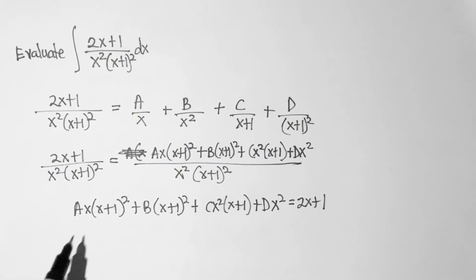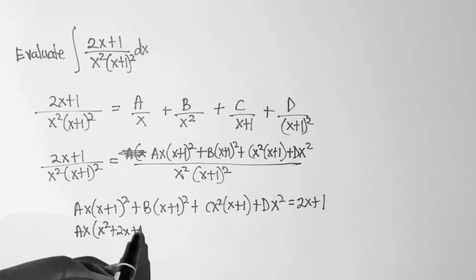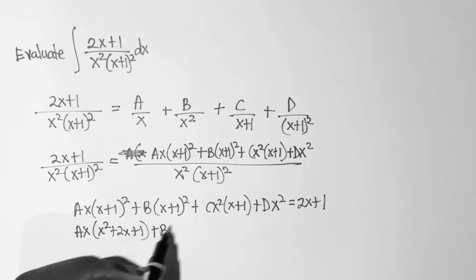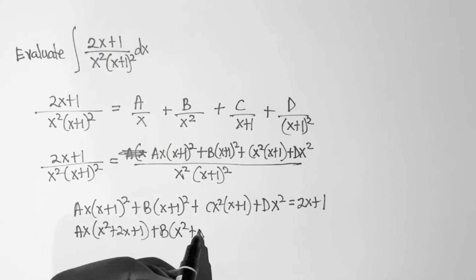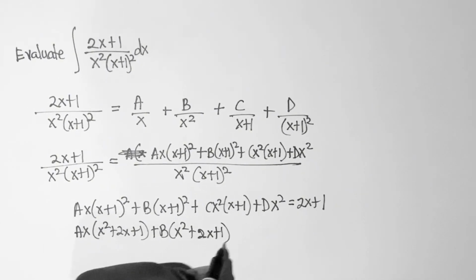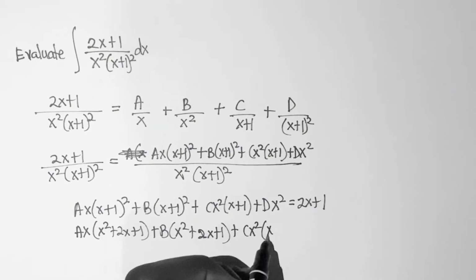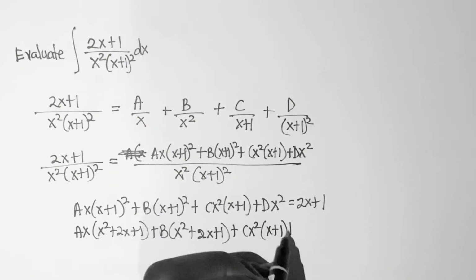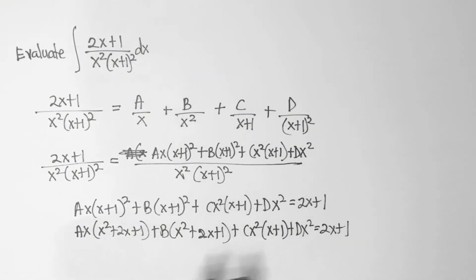So let's push this x inside, which is ax, and expand: x squared plus 2x plus 1, then plus b, (x plus 1) all squared is x squared plus 2x plus 1, and plus c x squared times (x plus 1), then plus dx squared equals 2x plus 1.